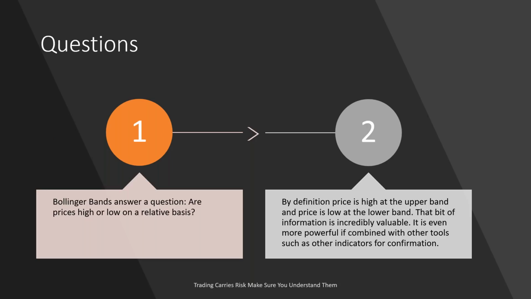By definition, price is high at the upper band of a Bollinger Band channel and price is low at the lower band of a Bollinger Band channel. And this bit of information is incredibly valuable. It is even more powerful if combined with other tools, such as other indicators for confirmation.